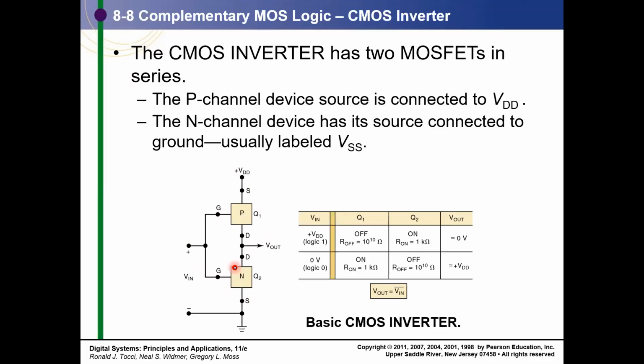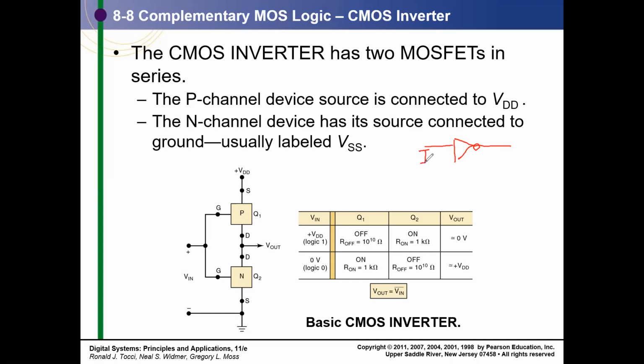Now, the simplest gate is an inverter. This is the basic inverter, with an input and a 1-bit output.